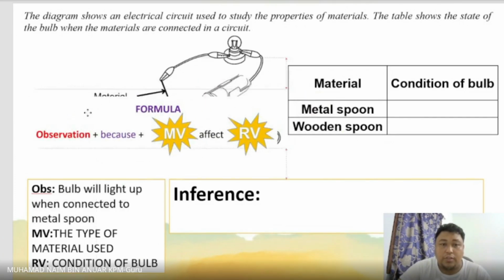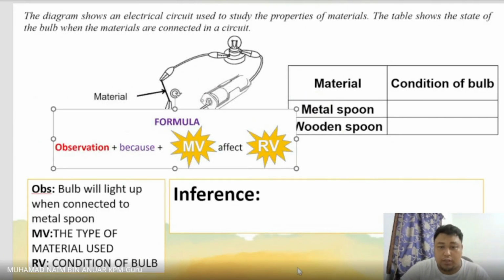Now, using this formula, I want you to write in the comment for me the inference for this, using this formula. You copy it and you paste it.